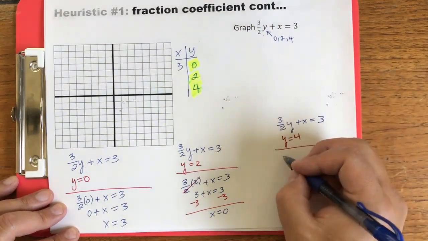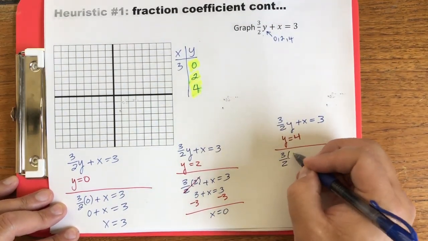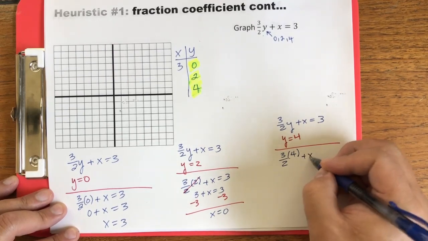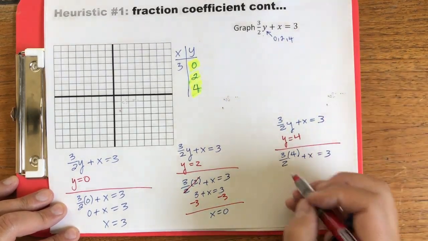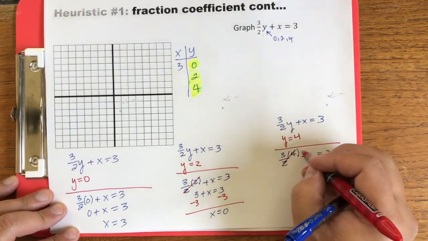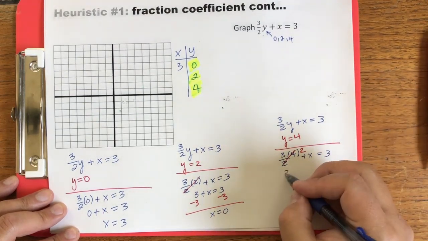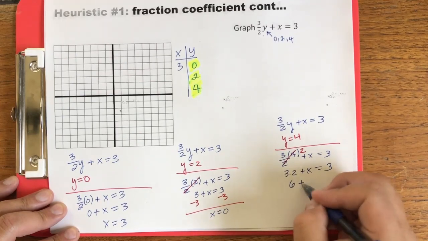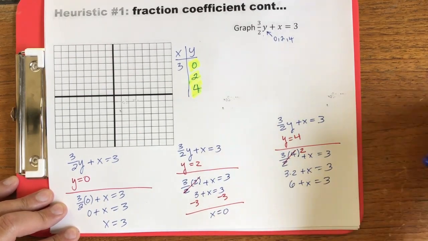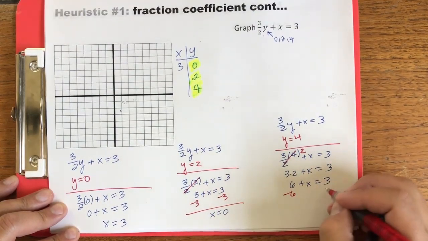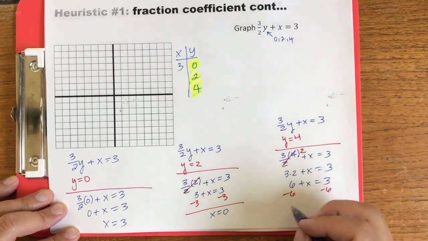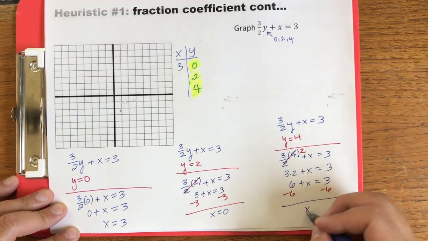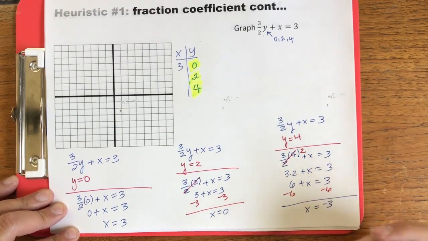And on this last one, 4 divided by 2 is 2. So we get 3 times 2 plus x is equal to 3. 6 plus x is equal to 3, and then when we subtract 6 from both sides, we get x is equal to minus 3.